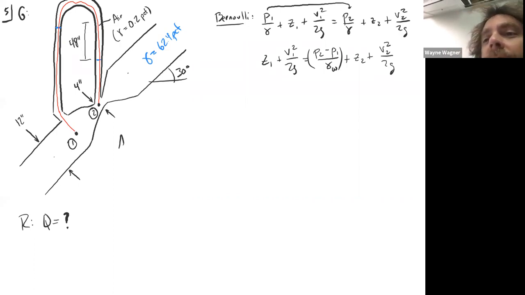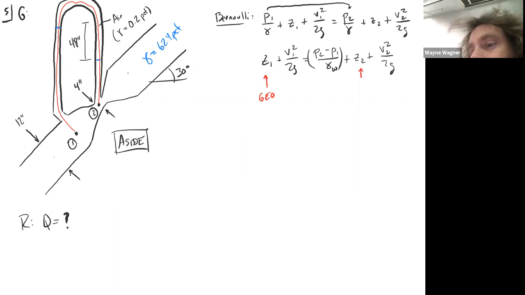As an aside, I'm going to look at these quantities. Usually Z1 and Z2 come from the geometry. This right here comes from the manometer. And the velocities come from continuity.